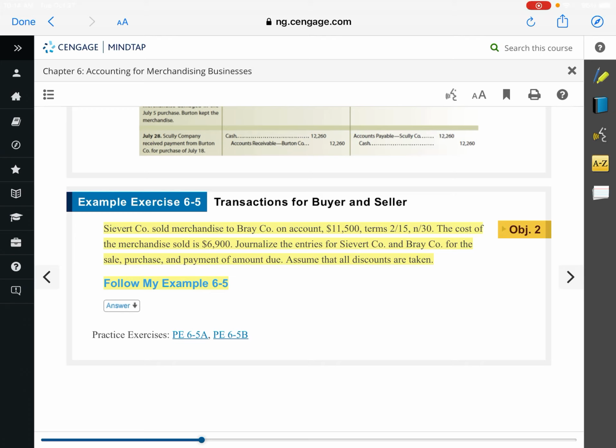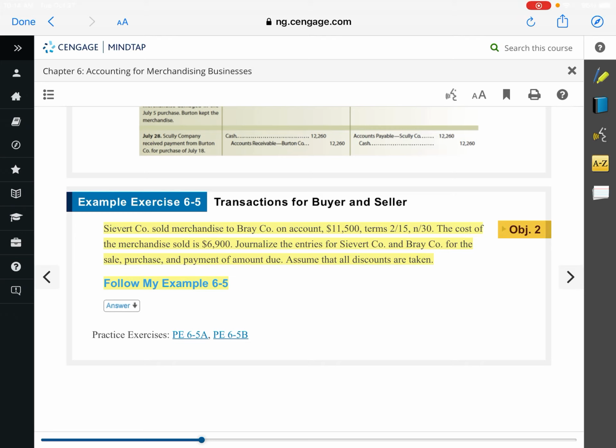Does that matter to the buyer? How much the cost associated is? No, it doesn't, because all we did, we went and bought the goods, and now all we have to do is worry about paying them back. So in 15 days, the only thing that we're going to be worried about is paying off our liability.